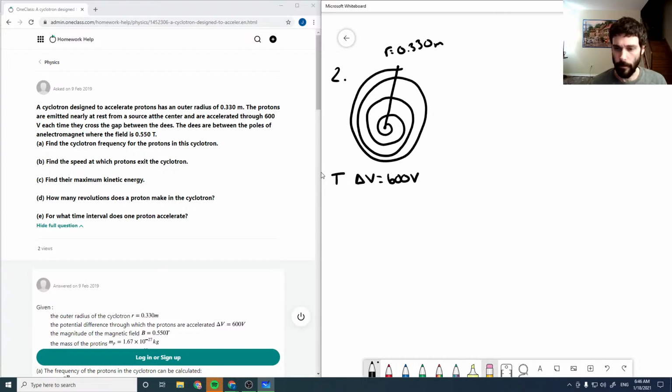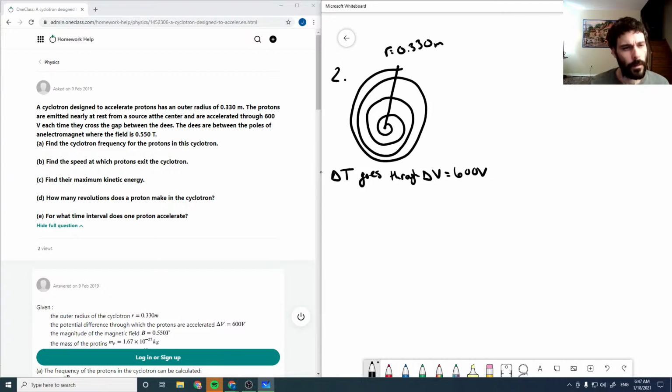Or maybe I'll write this. Each delta T goes through delta V of 600 volts.